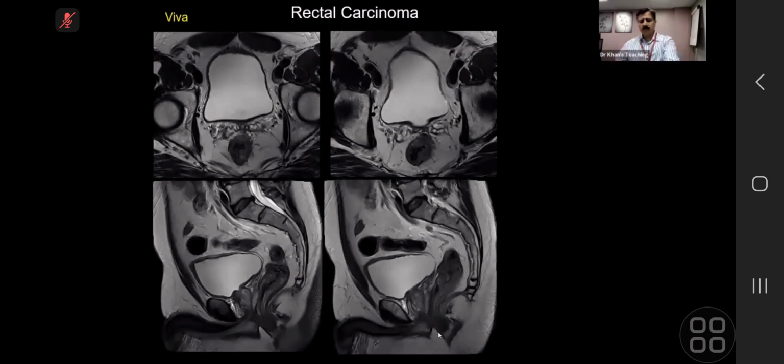Now, rectal carcinoma MR is now a pure exam case, and you have to understand, it has come in the exam now quite a few times, and there can be vivas on this also.